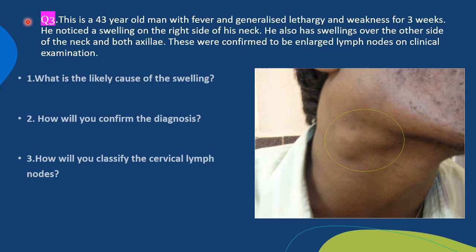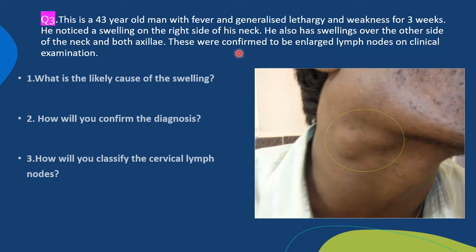Question number 3. This is a 43-year-old man, okay, with fever, generalized lethargy, and weakness for 3 weeks. He notices swelling in the right side of the neck, in the upper part. He also has a swelling on the other side of the neck and both axilla.